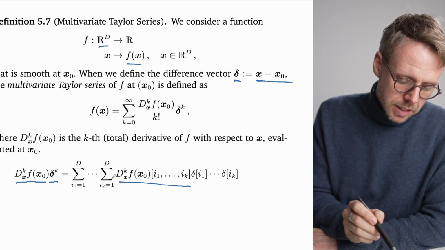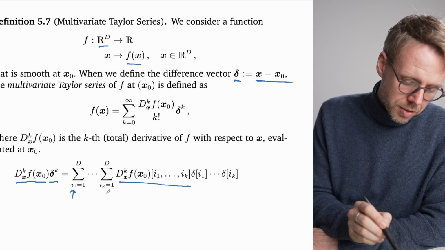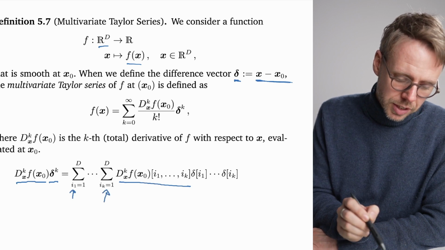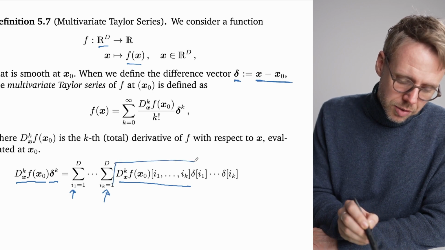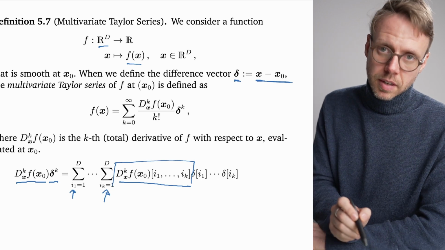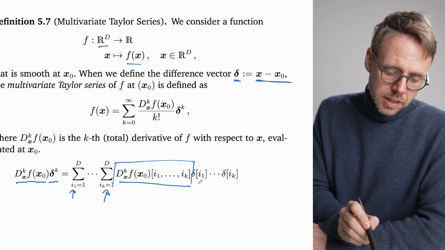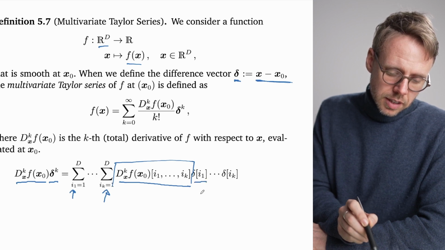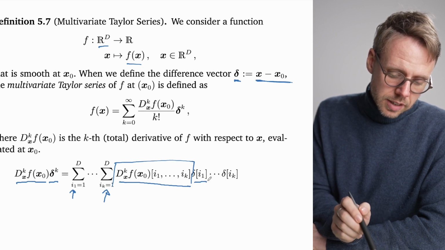So basically all of these indices here go from 1 through d, and there will be k of these sums, so i1 through ik, the entries of this kth order derivative tensor, times the corresponding entries of this difference vector.